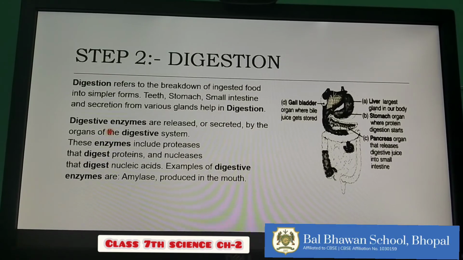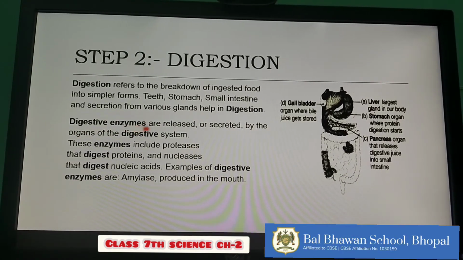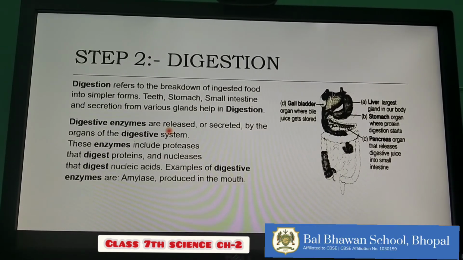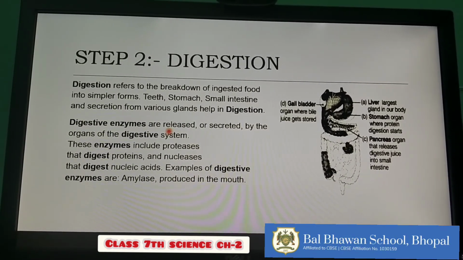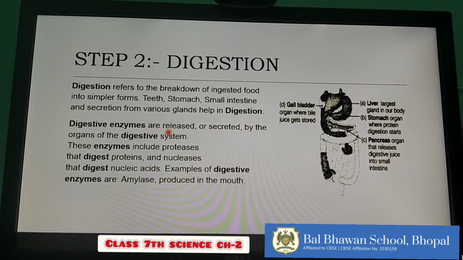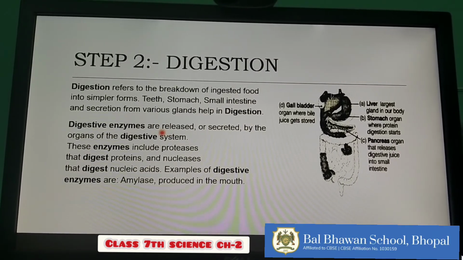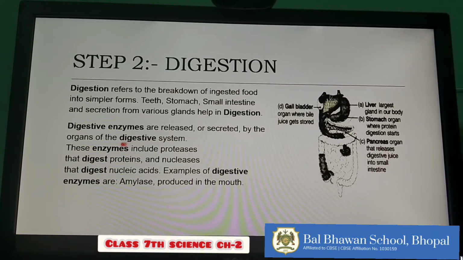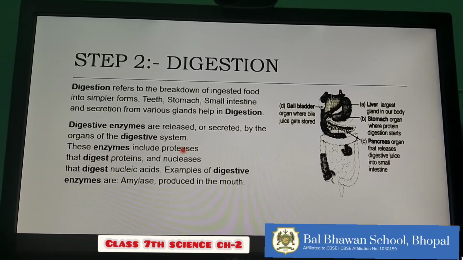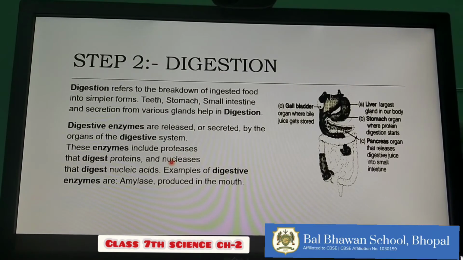Coming to digestive enzymes, these enzymes are biomolecules which act as catalysts present in the body of an organism, or rather you can say they are secreted by the organs of the digestive system. These enzymes include proteases and nucleases.